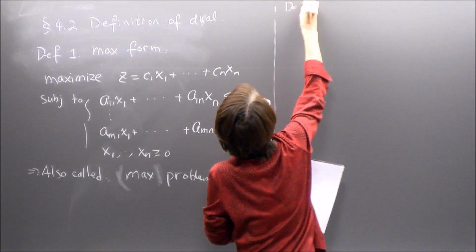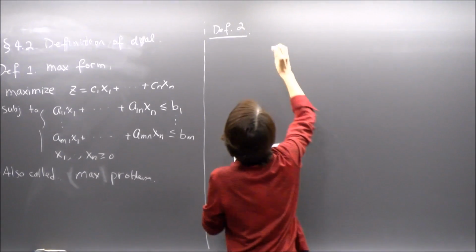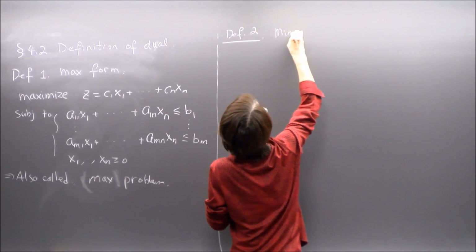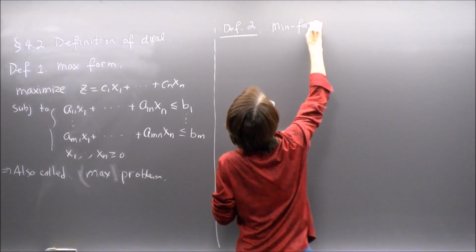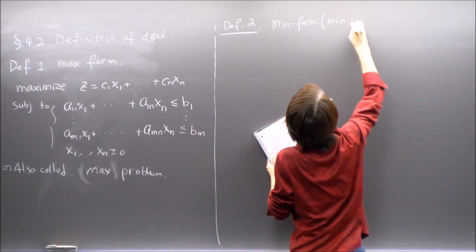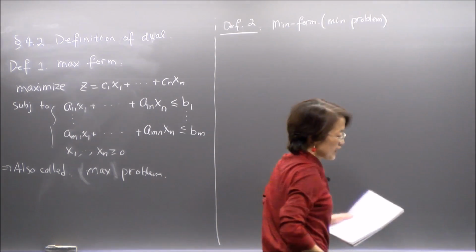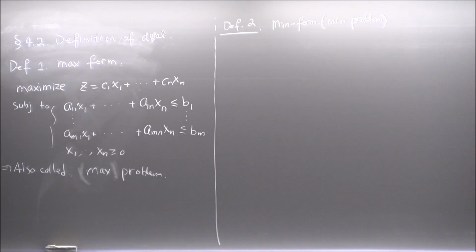That's my second definition. Definition 2. I will define a min form. A problem is in the min form, or I can say this is a min problem, if I can write it as follows. Okay?